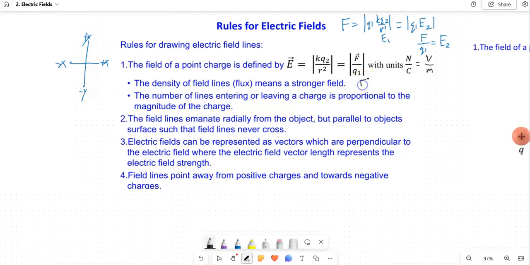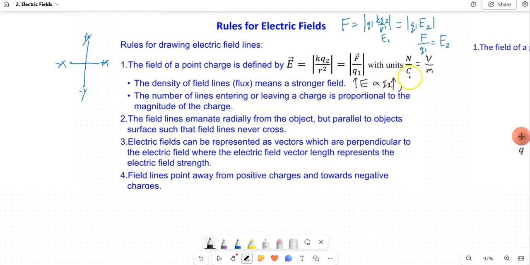So the electric field is analogous to Q2. In this equation right here, K Q2 over R squared, if Q2 goes up, since it's directly proportional to the electric field, then the electric field is going to go up.